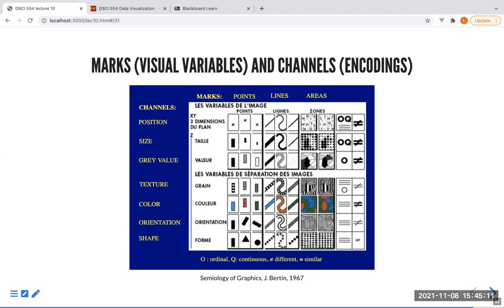But we're also seeing in class that if you want to encode data precisely with color, it's not going to be a good way of doing it. It's better if you use length, size or position for doing that, if precision is what you want.